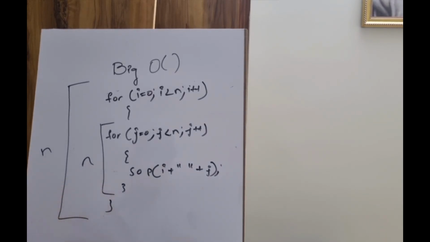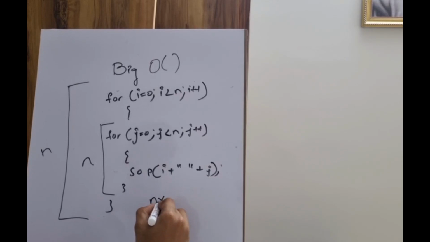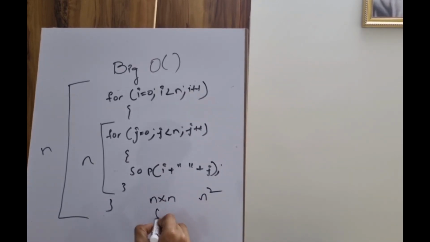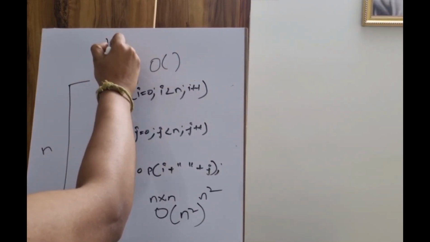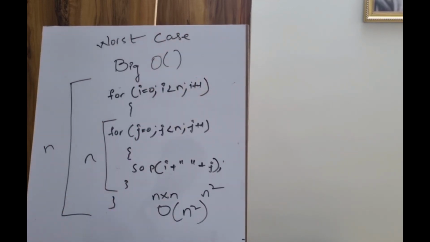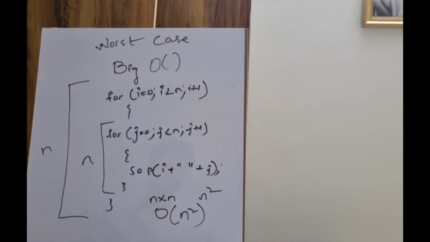So the worst case scenario for the entire function to complete is n cross n, or n square. So O of n square is your entire time complexity, and time complexity is always the worst case scenario. It is not the best case, but rather the worst case of any algorithm that you're trying to analyze.